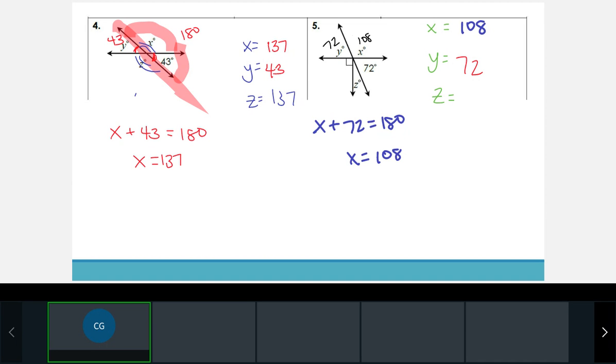Remember, this is 90, right? So here's a line, which means this over here also has to be 90. So z and 72 together have to add up to 90. So subtract 72 from both sides, you get 18. Any questions on how I found X, Y, or Z here for number 5?